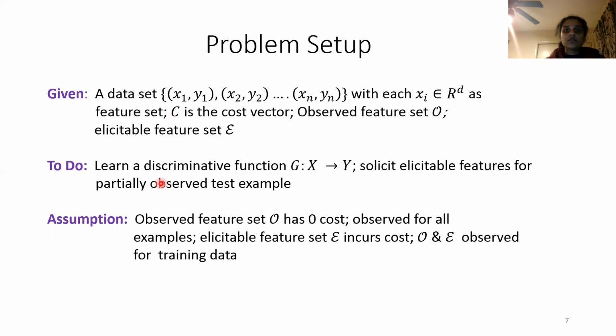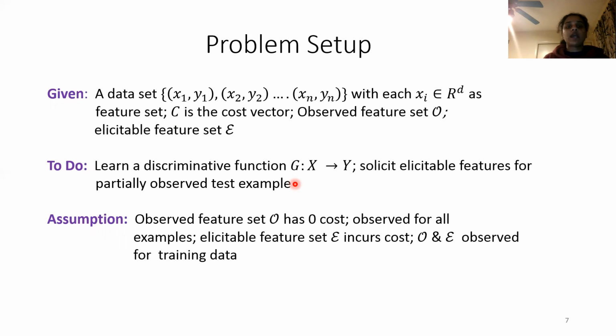And then there are two types of feature sets as already discussed, the observed feature set and the elicitable feature set. What we want to do is learn a discriminative function G, which is capable of managing this trade-off between feature acquisition cost and the model performance. And it should also elicit the important elicitable features for this partially observed test example at prediction time.